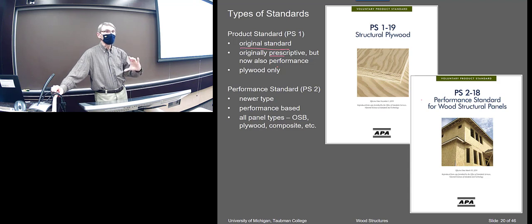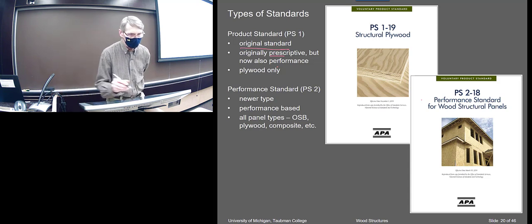But it gives the strength of all the panels, and it gives it separately for flexure, shear, and bending. It seems like there was another one. I forget what the other was. We'll see, maybe it'll come up in the slide. The other one is more prescriptive, and this one I think is only plywood.